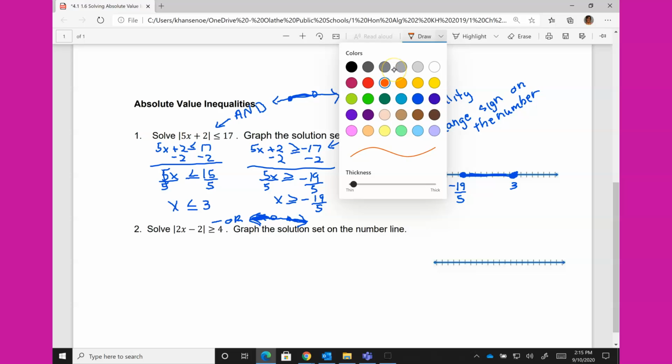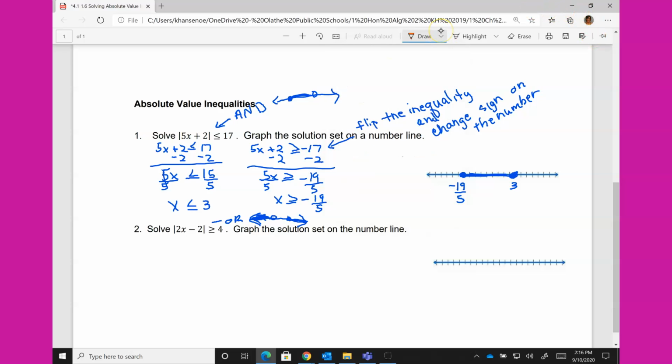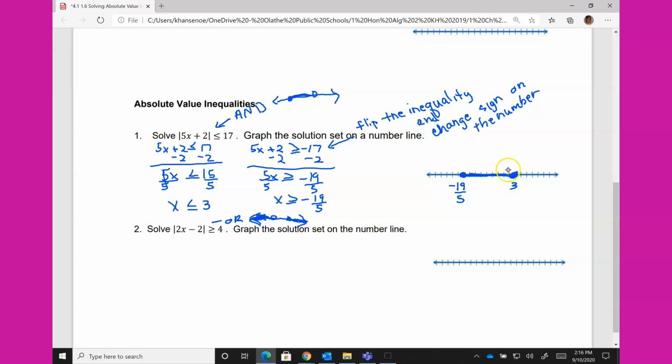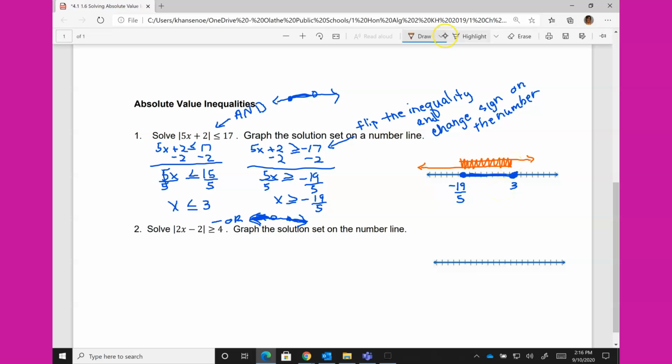Then another way you can figure that out is like this. If I do less than 3 and I do greater than negative 19 fifths, what I have in the middle where they cross is my answer. So that's why you have that middle answer. Okay?